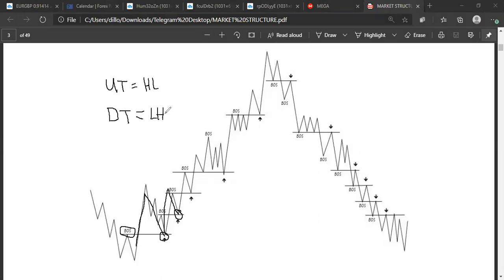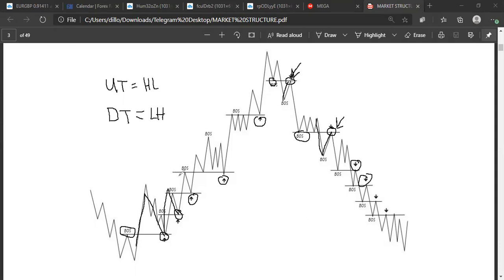So in a downtrend right here, we have this break of structure, and then this pullback into this area. This will be your lower high. We have a break of structure here, and then a pullback into this area. That is your lower high. So these down arrows are your lower highs, and these up arrows are your higher lows.